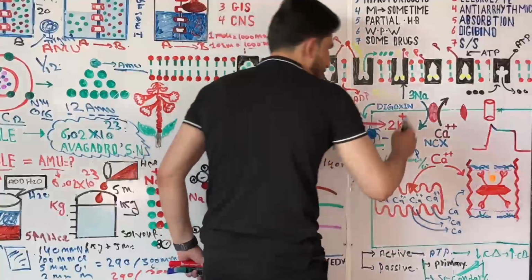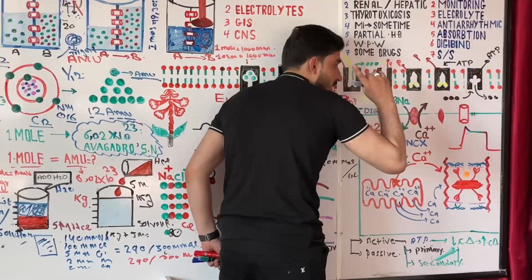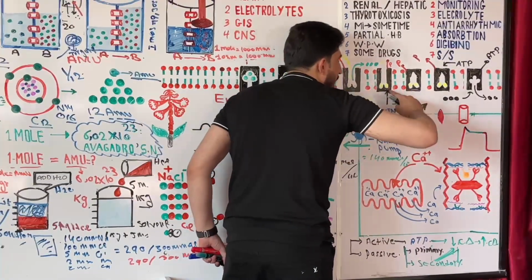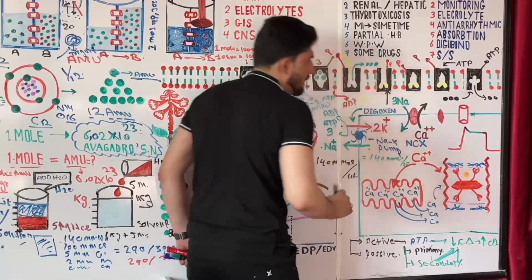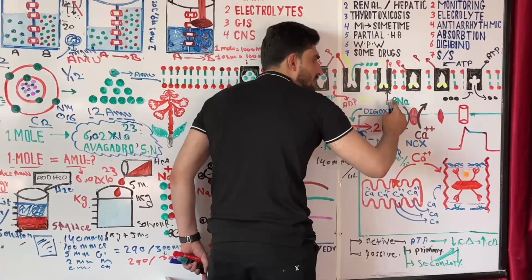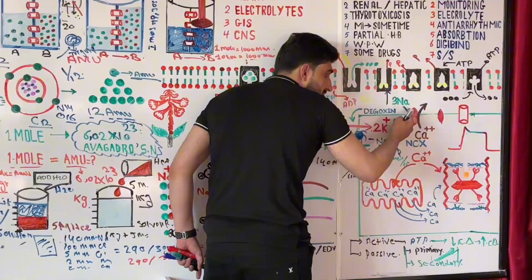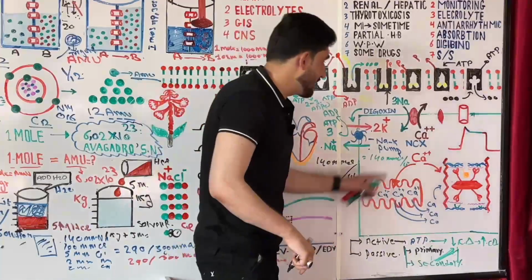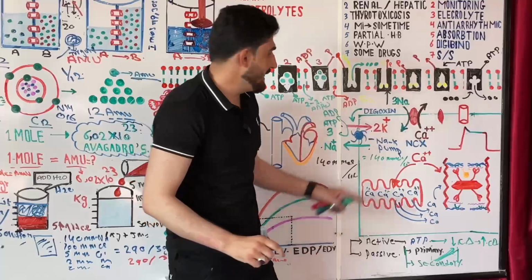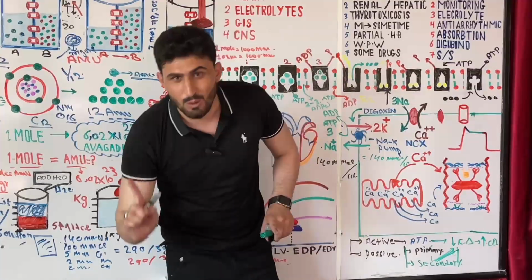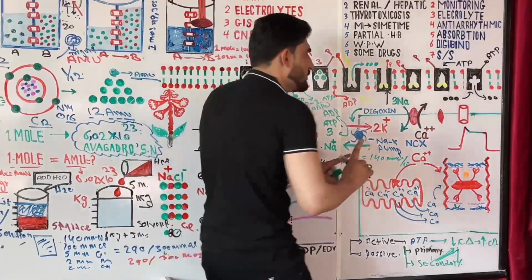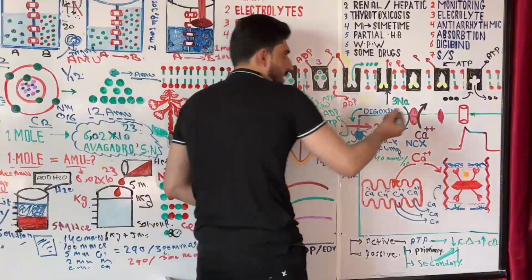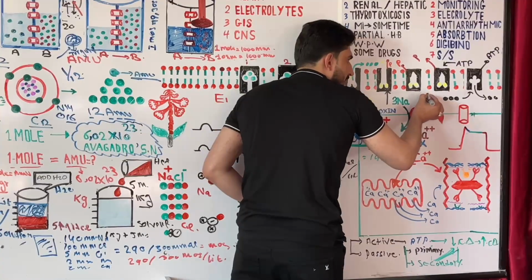For example, this is sodium. One substance should be moved from high concentration to low concentration. Sodium will be moved from the high concentration gradient to the low concentration gradient, and another substance is moved from the low concentration gradient to the high concentration gradient. For example, we have a lot of calcium outside of the cell.